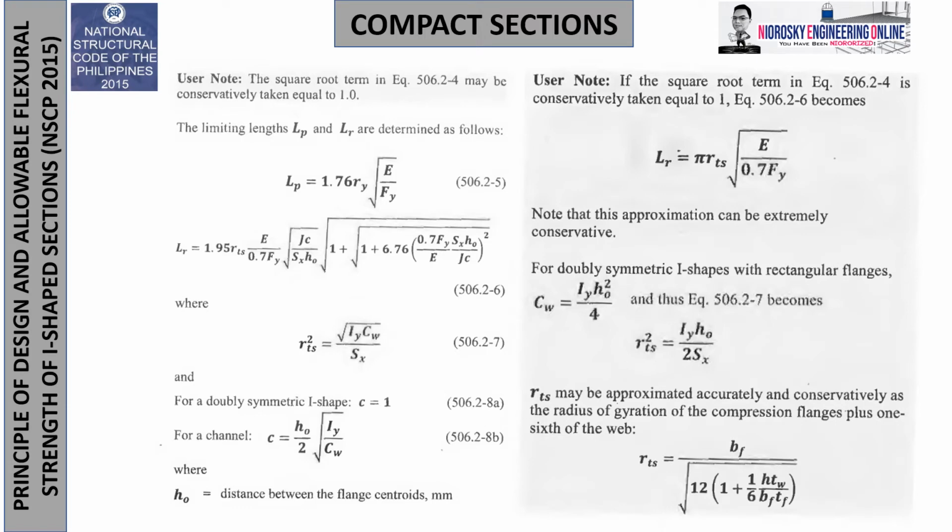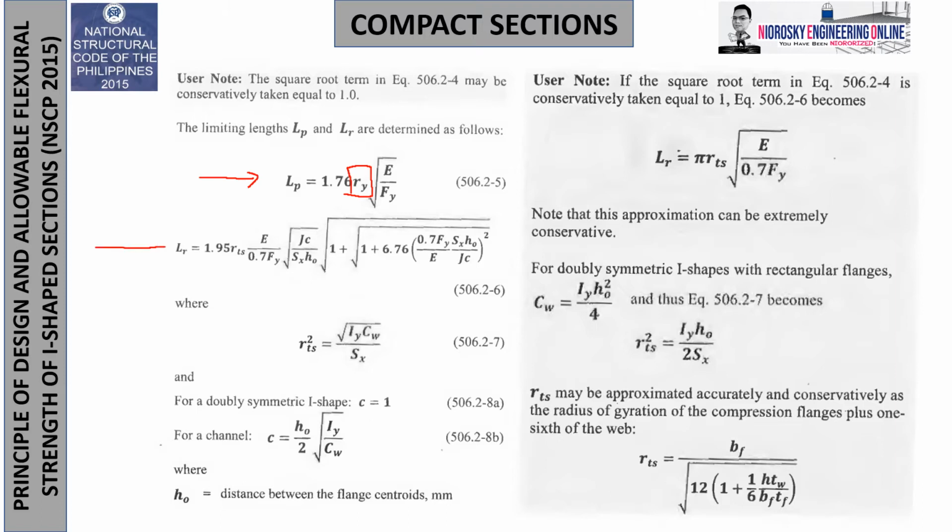So, paano ba computein yung L sub P tsaka L sub R? Sa L sub P, kapag both sections are compact, you have to compute this. L sub P is 1.76 times r sub Y square root of E over F sub Y. So, yung r sub Y, nasa table naman natin yan. So, tinuro ko naman sa inyo, pag walang available table, makocompute at makocompute nyo yan. Pero pag pinagagamit naman yung table, then use all of those values.